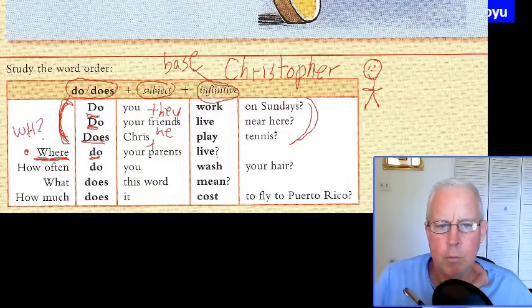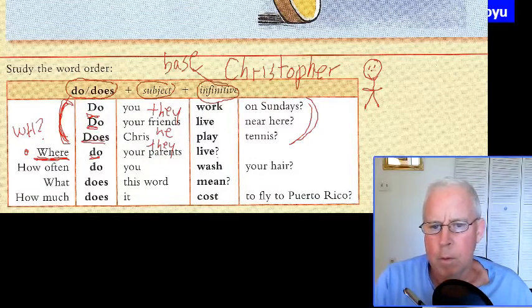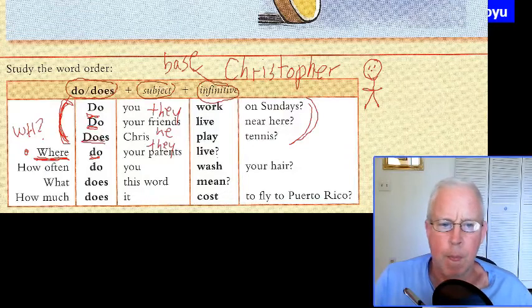Your parents are they. Again, where do your parents live? The answer is some information. In New York, in Beijing.